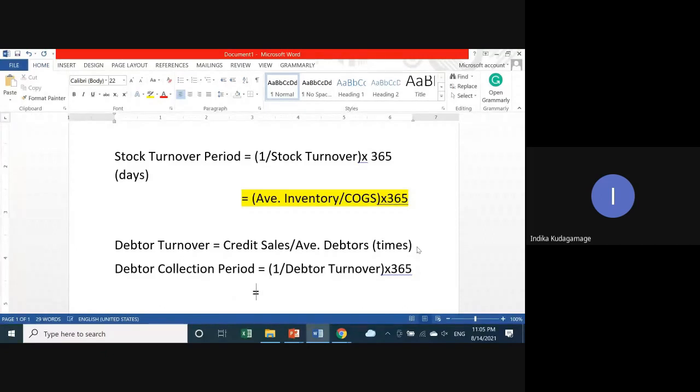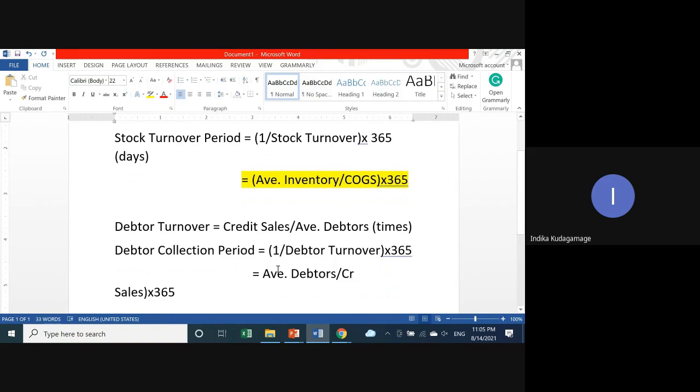It is written as average debtors divided by credit sales into 365. This comes in days. That is, on average, how long you take to collect your debtors. That is, on average, what is the credit period you have given.